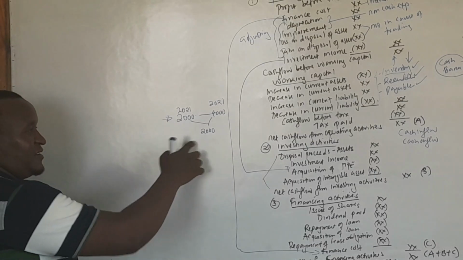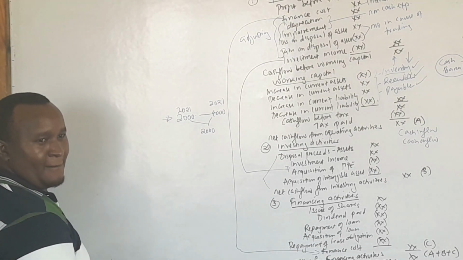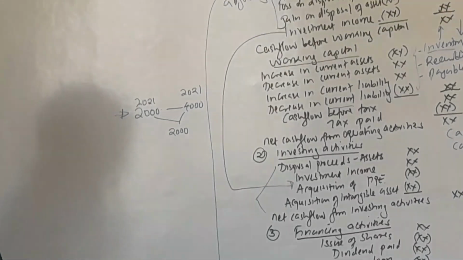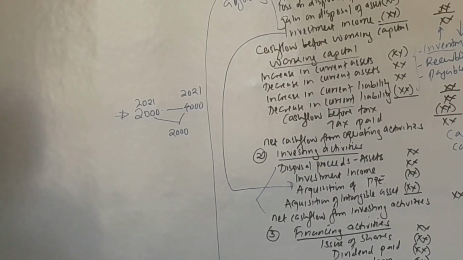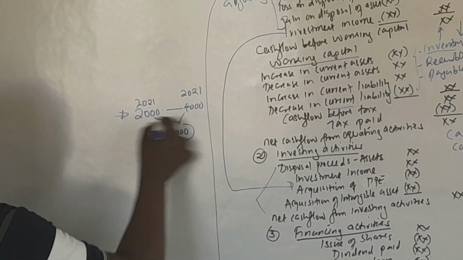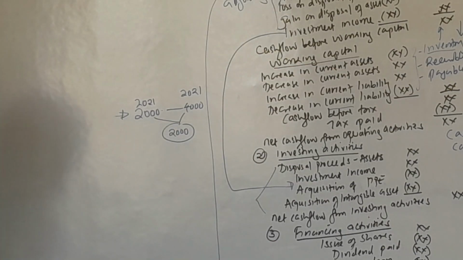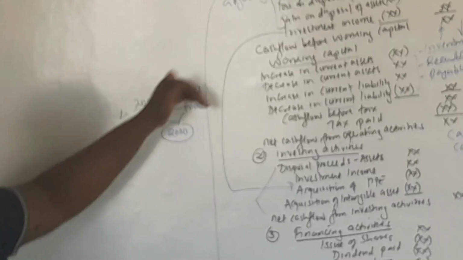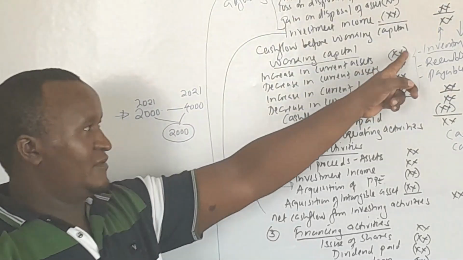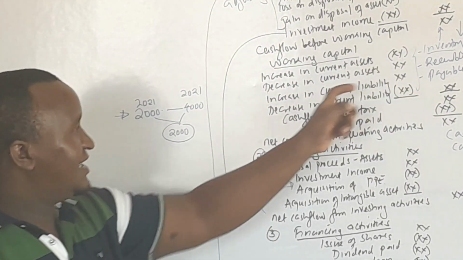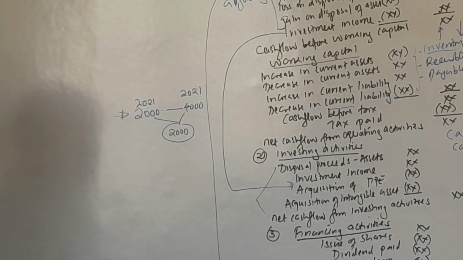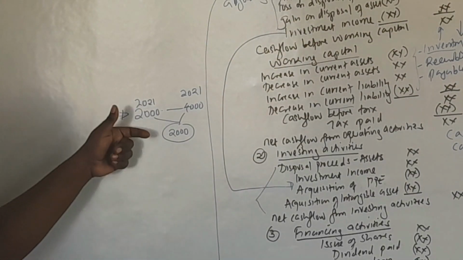Is cash increasing or decreasing? Remember, we are selling on credit. So they took goods valued at 2,000 and they did not pay. So they went with our money in the form of goods. So when debtors increase, it is an outflow. When debtors decrease, it is an inflow because they are paying us.